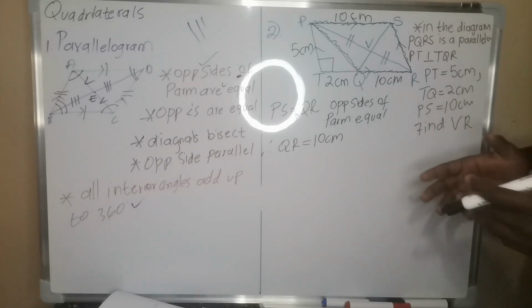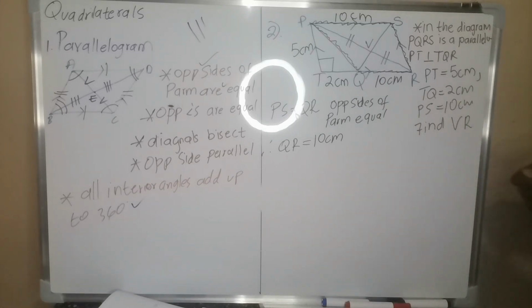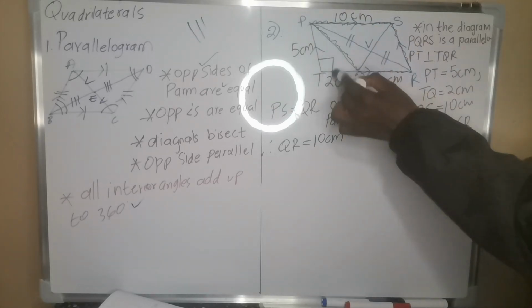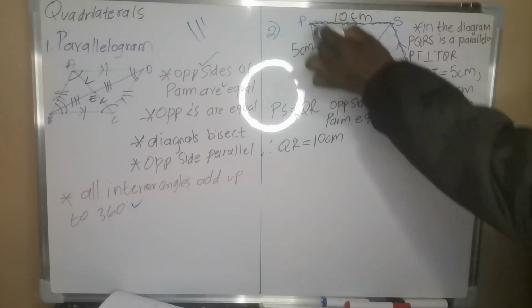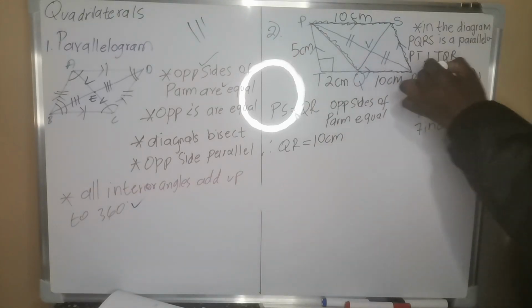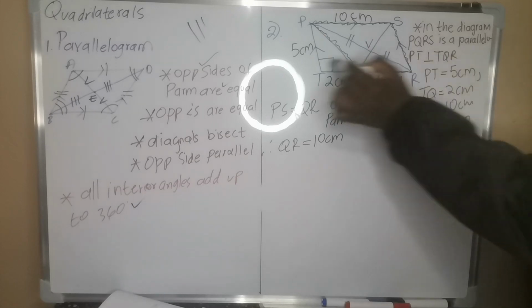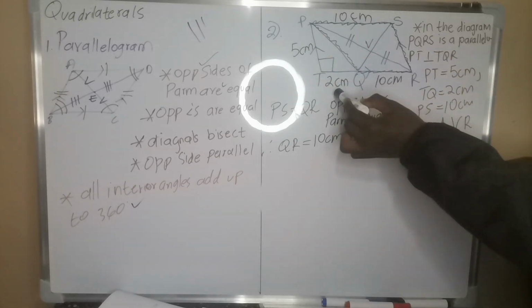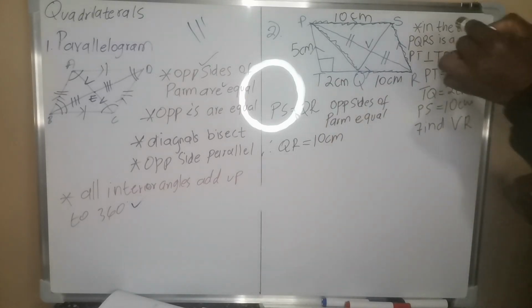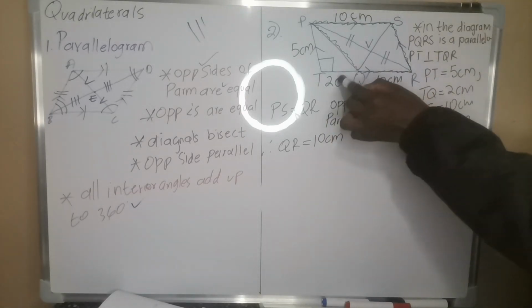Then how can I find VR? One of the ways is by firstly finding the length of PR. I have a 90-degree angle here. I have the length of PT. I have the length of TR, because you're going to add 10 plus 2, which is equal to 12. That means the length of TR is 12.